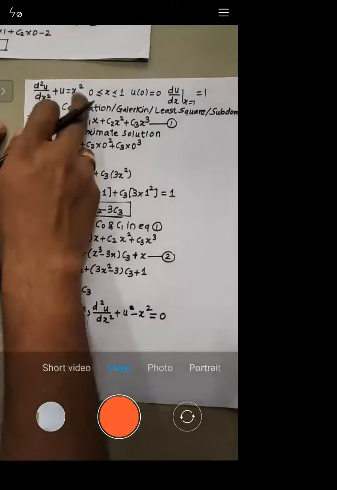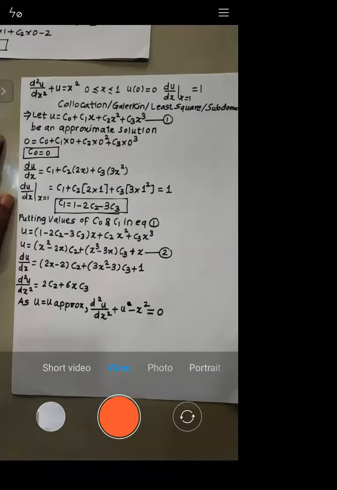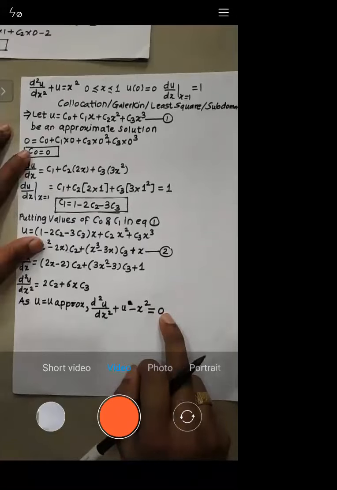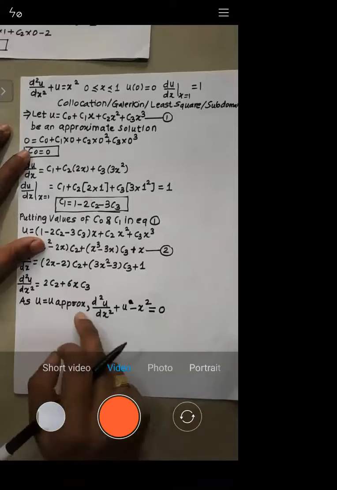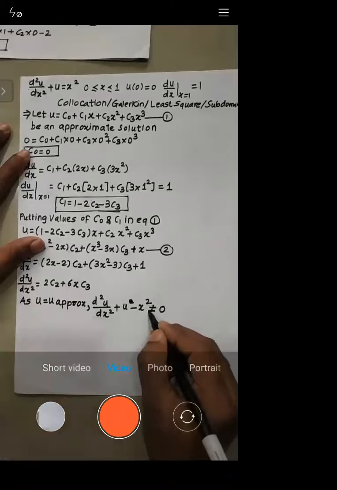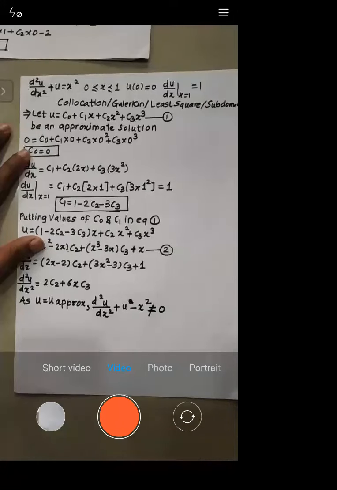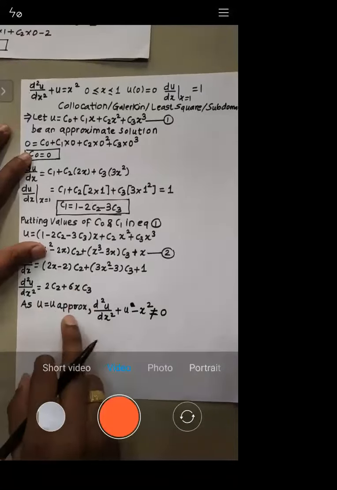But the solution you have written is approximate, so you will never get its value equal to 0.